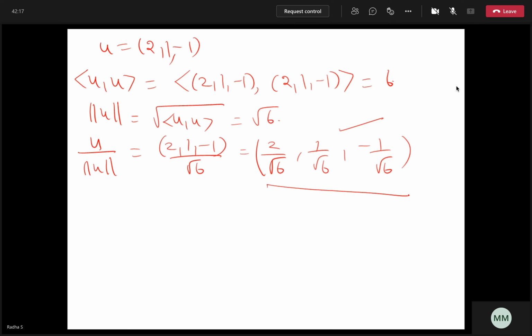What will be the magnitude of this vector? It is 1. So from u, you have normalized this vector. How do you normalize? Find the inner product of u with u, take the square root to get the norm, and u divided by the norm gives you the normalized vector.